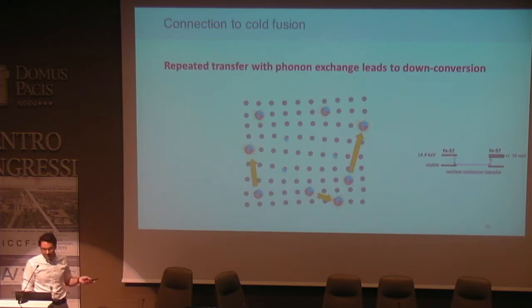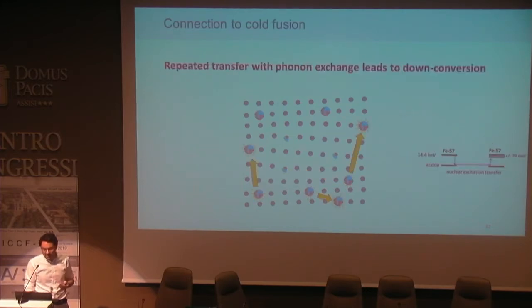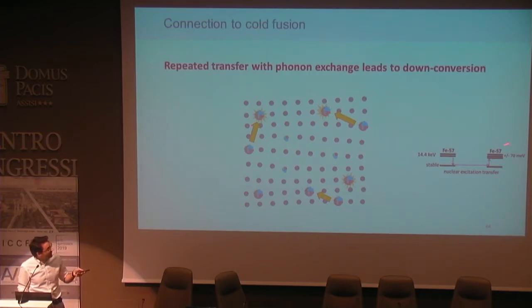Each of those are racing around many times. This is a much faster transfer process now because you don't have the Coulomb barrier. Again, we have an estimate of a picosecond per transfer. These can be racing around and build off this off-resonant energy until you actually hit ground state, and everything gets sucked into the lattice, basically.